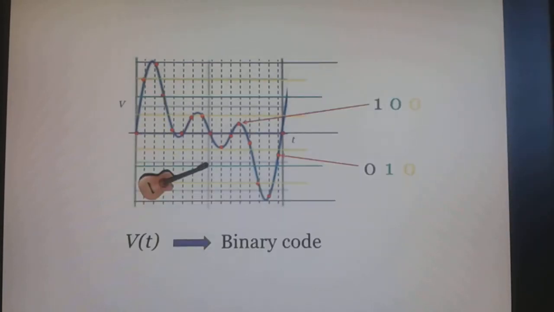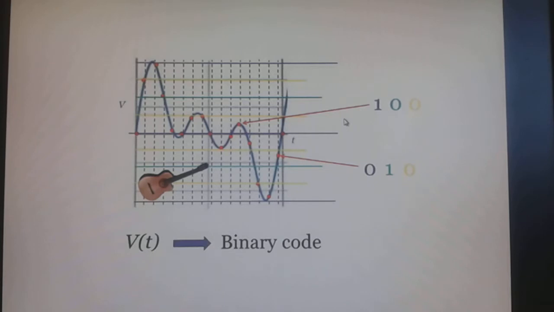Looking at this point right here, we can see that it is on the upper part of the range, so the number will be 1, so here. But then this part here will be 0. And this last one here is below the yellow, so it will be a 0, so 1, 0 and 0.